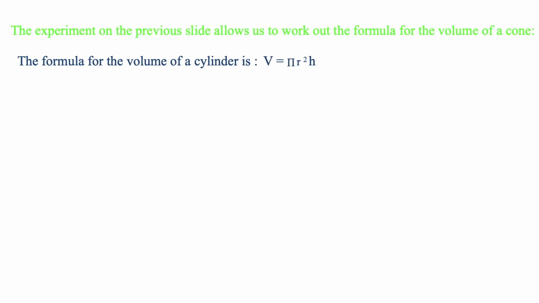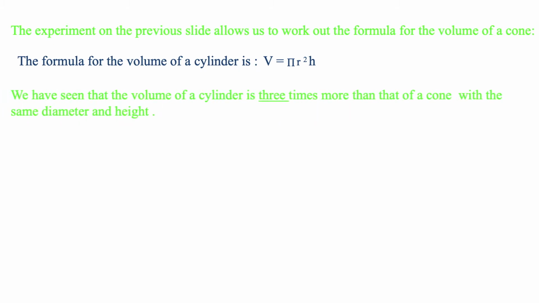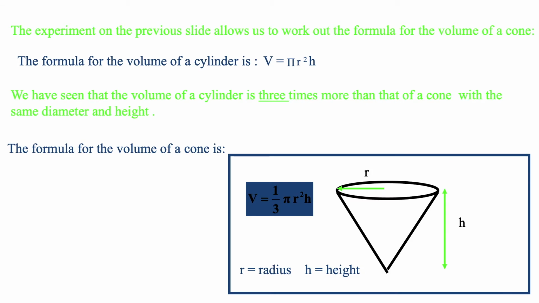So from previously, we know that the formula for a cylinder was pi radius squared height. And now that we know that the cone goes 3 times into a cylinder, which is 1/3 of a cylinder, what is the formula for the volume of a cone? It works out to be 1/3 of this, because this is the cylinder.